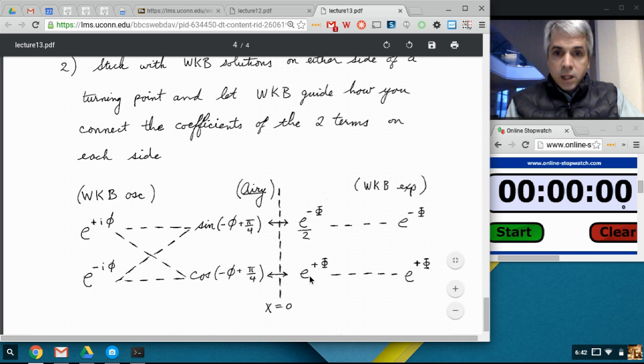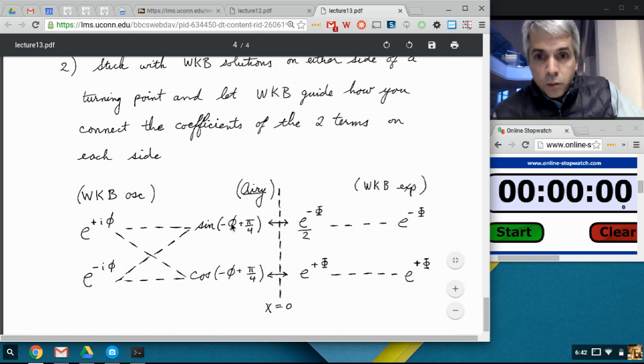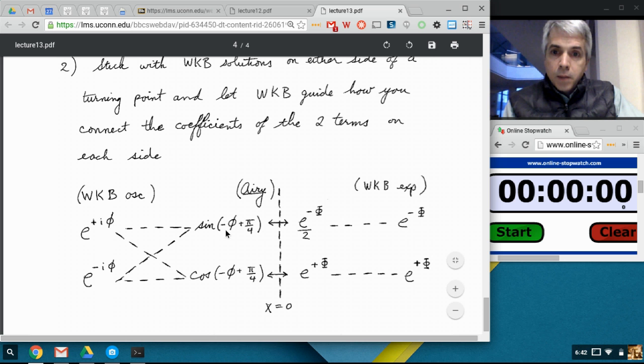So that means that if this Airy function is selected, then when you reach across the classical turning point, the oscillatory shape has to have this form: sine of theta of z, and this would be theta of minus z, which I evaluated above, and you can look back above, you can see that it's minus phi.